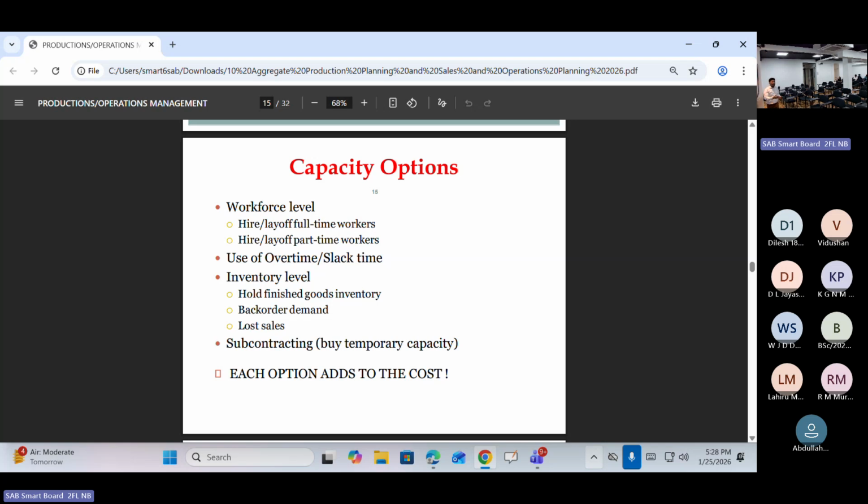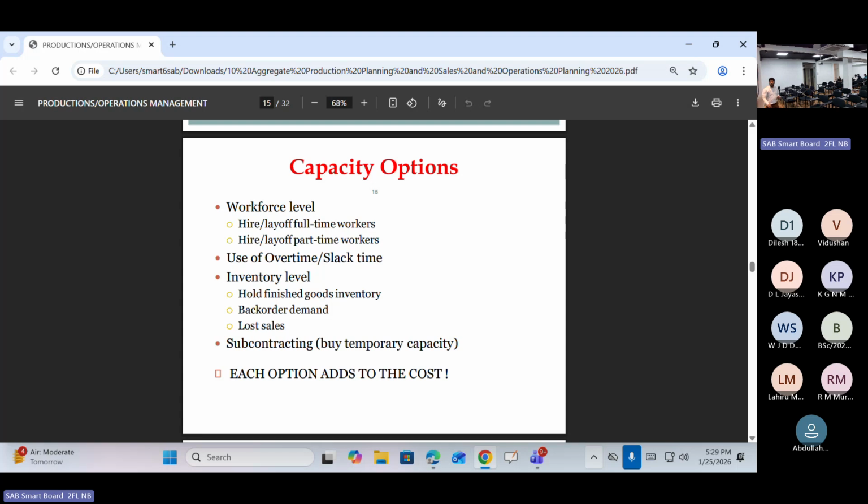One is hiring more full-time workers when they need to increase the capacity to meet higher market demand, or laying off permanent workers if the demand is declining. Additionally, as an alternative, they can hire part-time workers when they need to increase the capacity, or lay off the part-time workers when the demand is declining. So that is a workforce related capacity option.